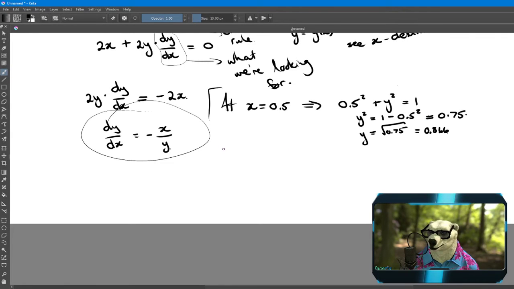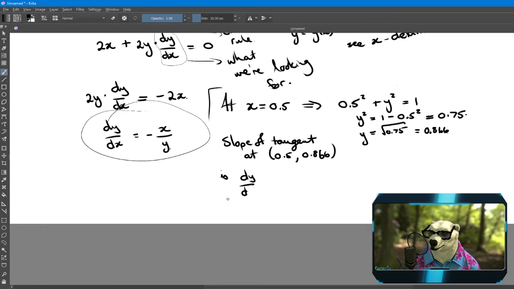So we're going to write it like this. Let's say it in words first. Slope of tangent line at the point with coordinates 0.5 and 0.866 is the derivative. Still has the same name.